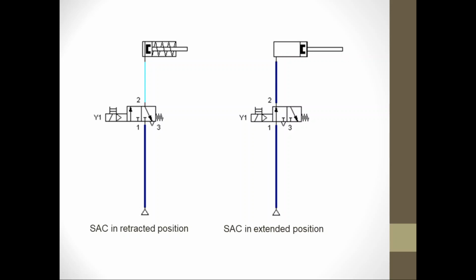When the cylinder is returned to its original position, which is the retracted position, the air in this part of the cylinder must be removed, so that the spring is able to push the piston rod backwards. The air contained in this volume will be exhausted.